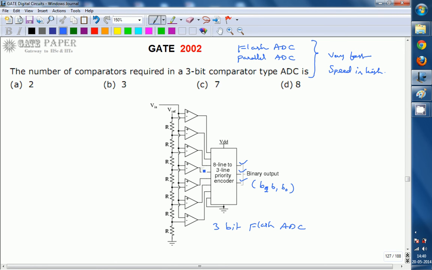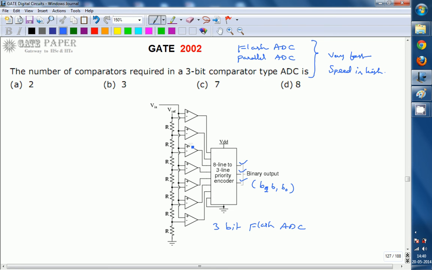Internally it uses an 8 to 3 priority encoder, and the priority encoder inputs come from the outputs of the comparators. There will be 7 comparators, 1, 2, 3, 4, 5, 6, 7, and 7 resistors of the same value connected to the reference.